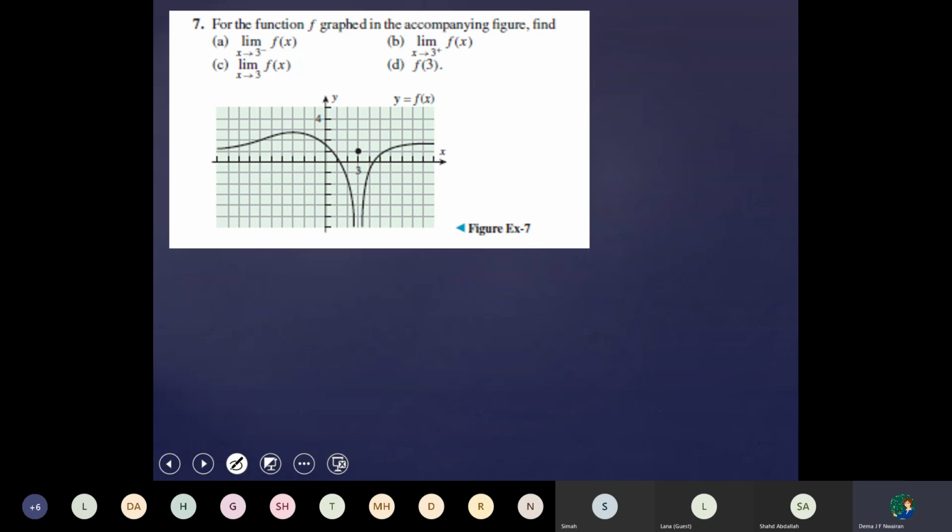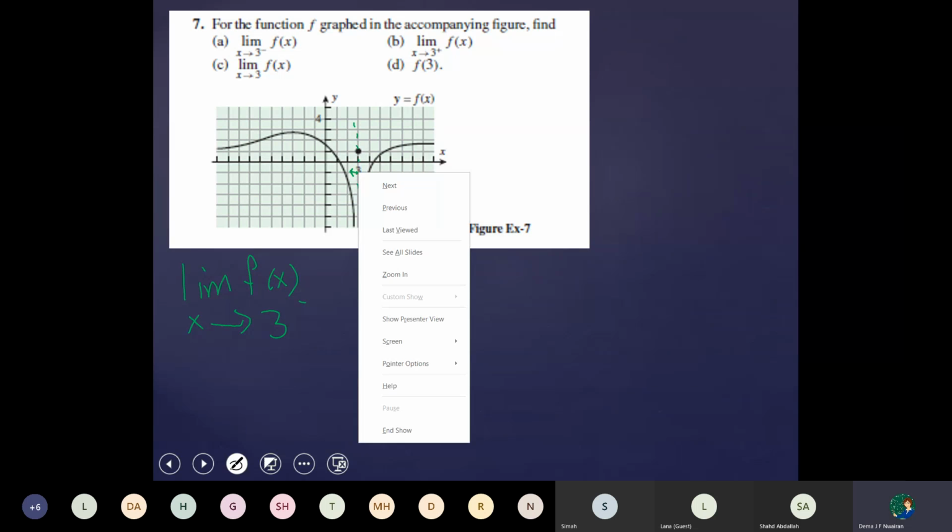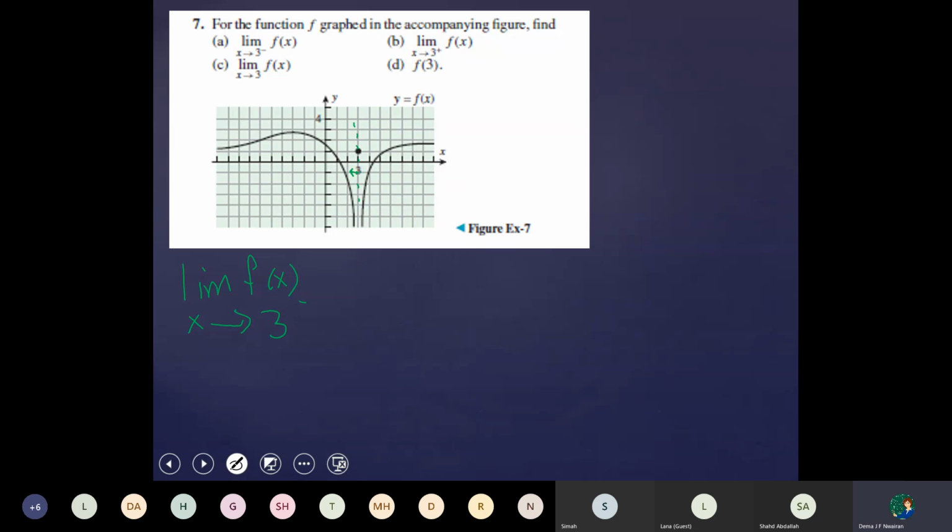Now, let's do exercise number 7. Here, I want you to find the limit of f of x when x approaches 3 from the left. Where's the 3? Here is the 3, as you see. The first question I have to ask myself is whether it is exactly at one point or close to a point, or whether it is an infinite limit.